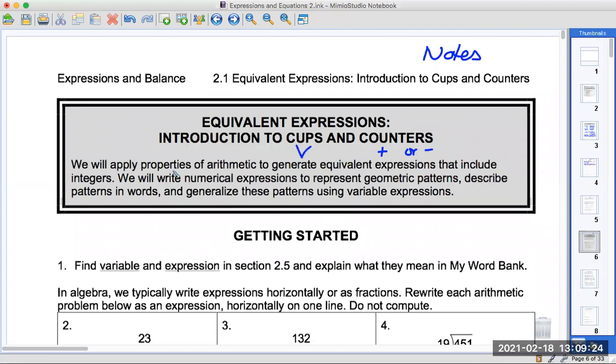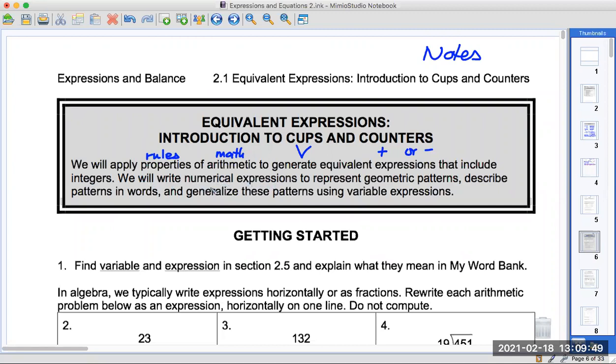Okay, we will apply properties, which are rules of arithmetic, a fancy word for math, to generate equivalent, same, expressions that include integers. Remember, integers are whole numbers, including 0 and all the negative numbers. We will write numerical expressions.